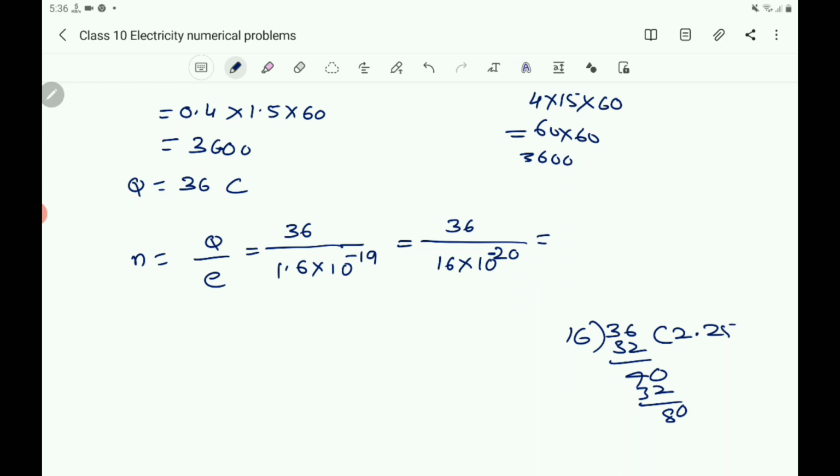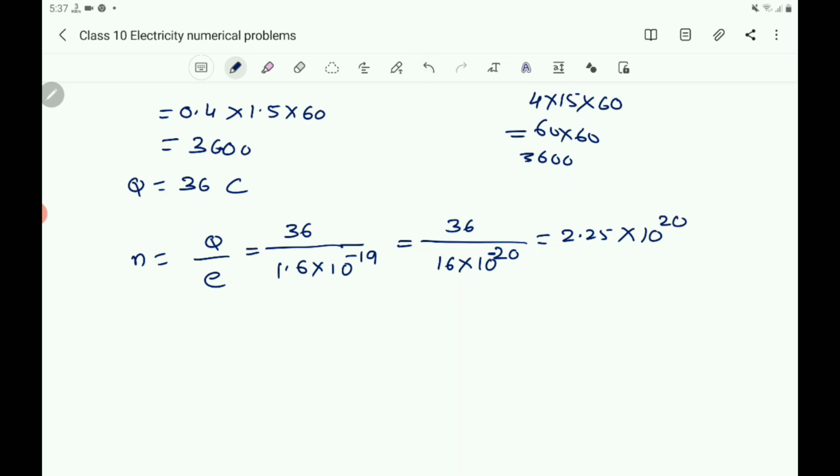So 16 5s are 80, and it becomes 2.25 into 10 power minus 20. If you shift this minus 20 to the LHS, it becomes 20. That is electrons. So the number of electrons is 2.25 into 10 power 20 electrons.